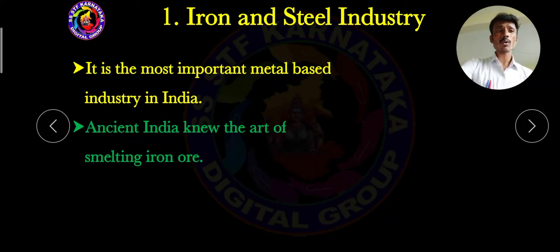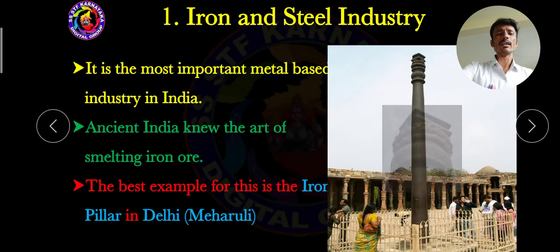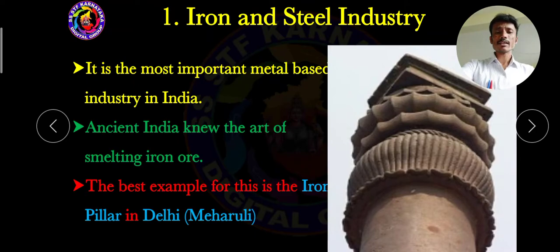They used to heat iron and melt it. So ancient India knew the art of smelting iron ore. And the best example for this is the iron pillar in Delhi, near Mehrauli. In this place, there is an important ancient iron pillar. It means in those days they had awareness about the smelting of iron ore.